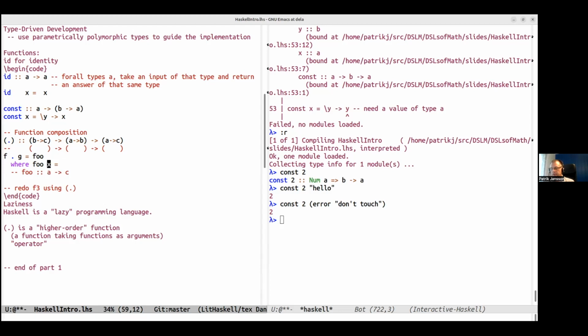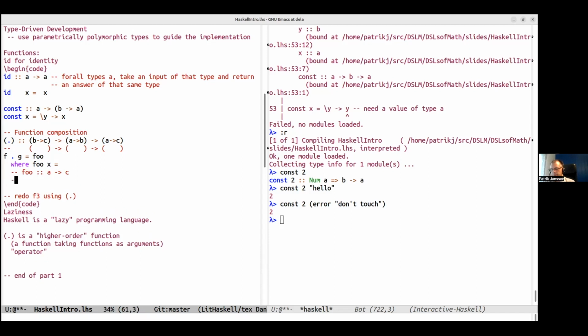And we know that x is of type A. But we have to produce a value of type C, and the only producer of C's is the first argument to the composition, so f. Because we know that f has type B to C.